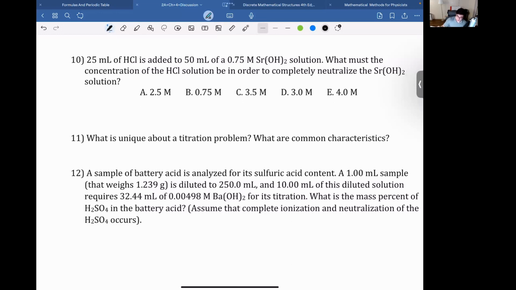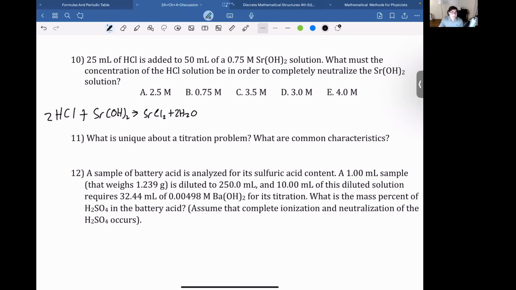So this is where we need to compare the moles to one another. So how many moles of hydroxide? And let me actually write the equation first. So for every 2 moles of HCl plus strontium hydroxide, we get strontium chloride and water.